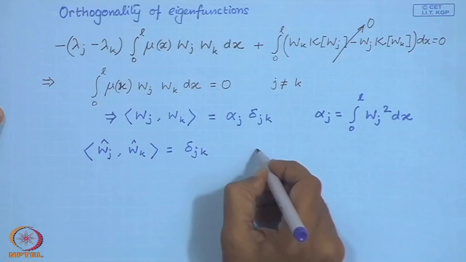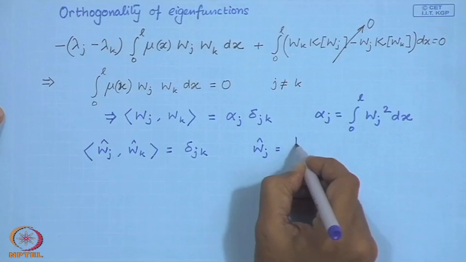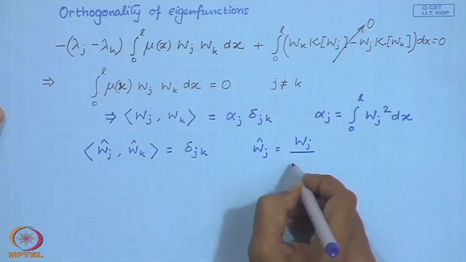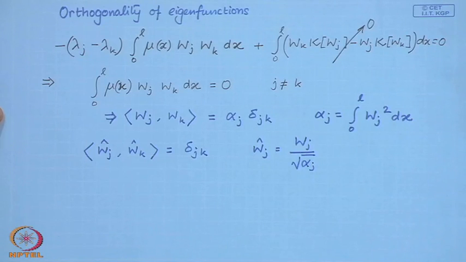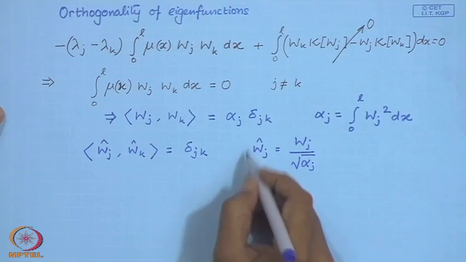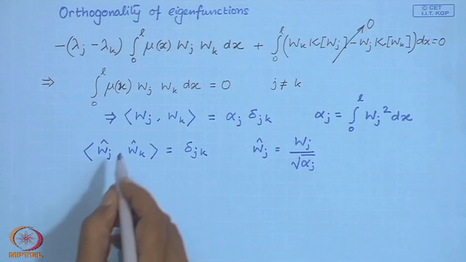Here, this w j hat is w j over square root of alpha j.